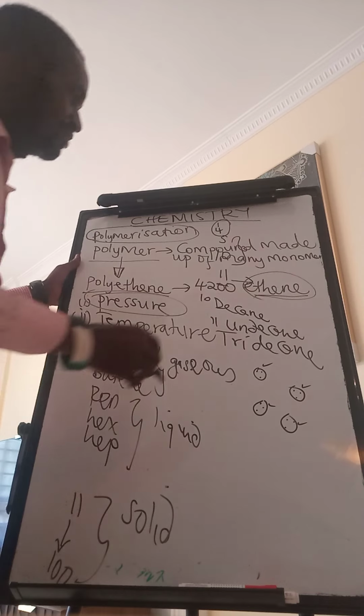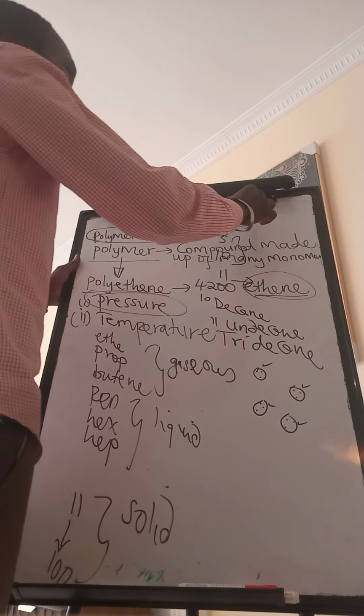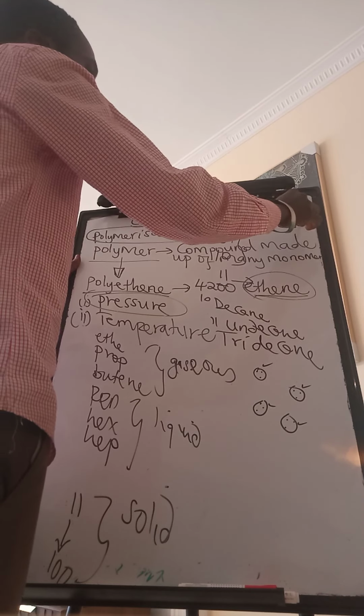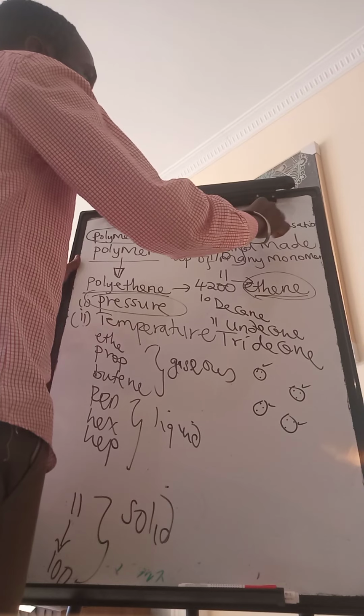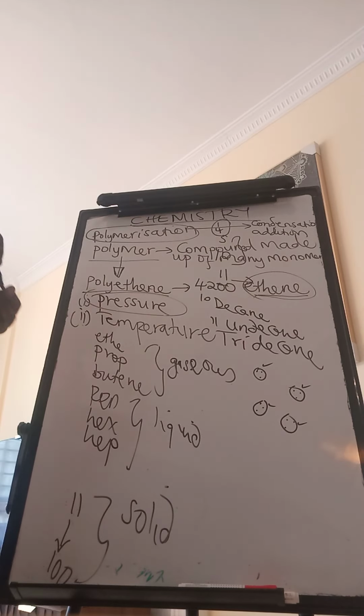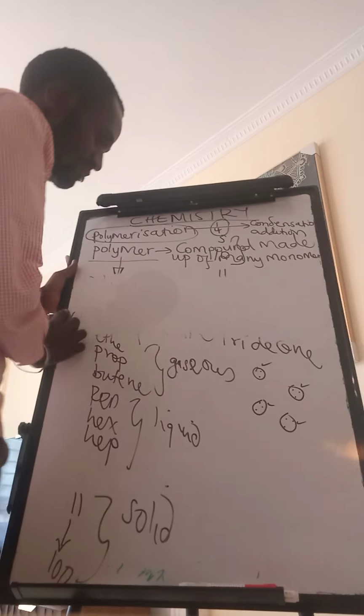Now, we are supposed to understand that polymerization can either be condensation, isn't it, or addition. What brings out the difference between these two? A clear understanding of this requires the following.